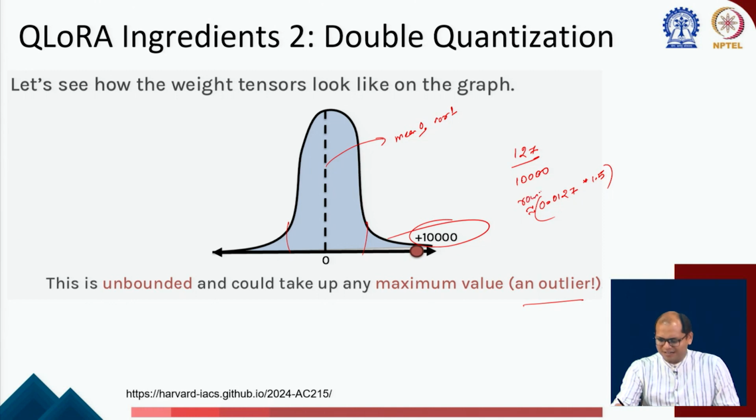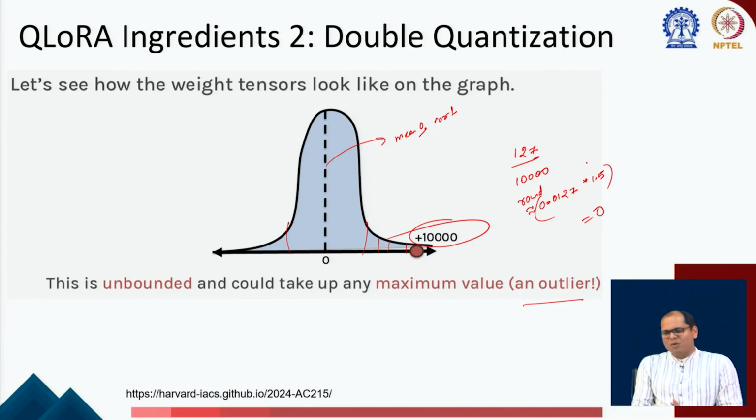What do you get? I'll get 0. So most weights, because of this, will go to the same bin of 0. I'll not be getting many numbers in other bins, whereas the expectation is that the numbers are roughly uniformly distributed across all the bins, and this outlier creates a problem.